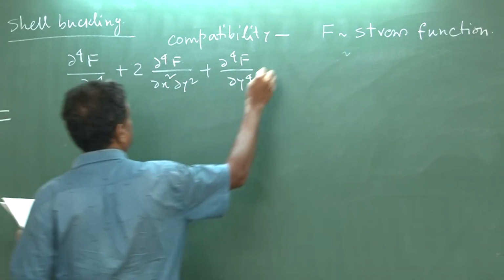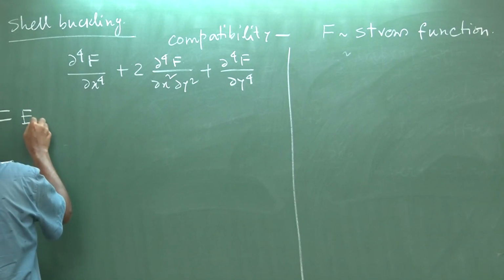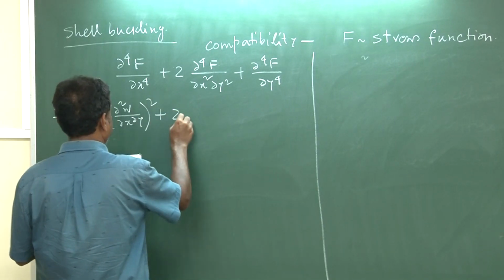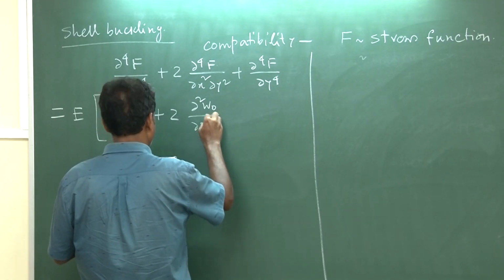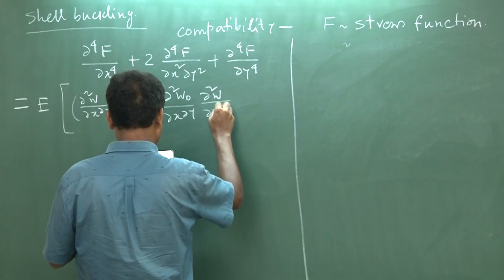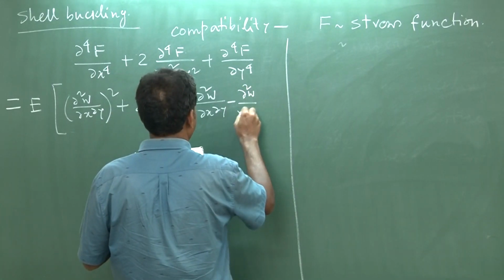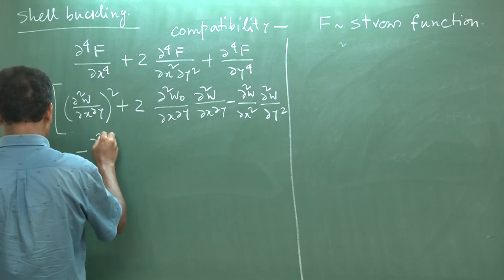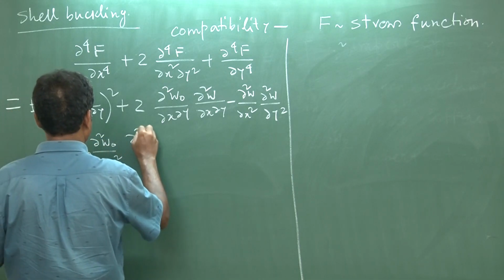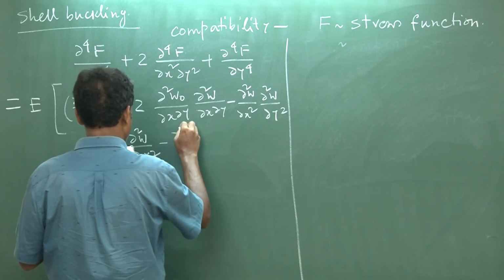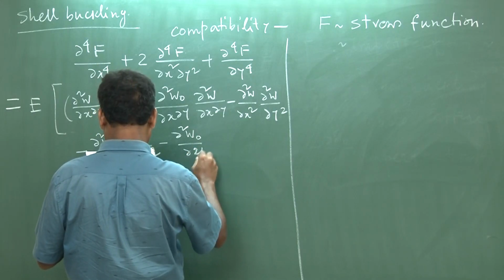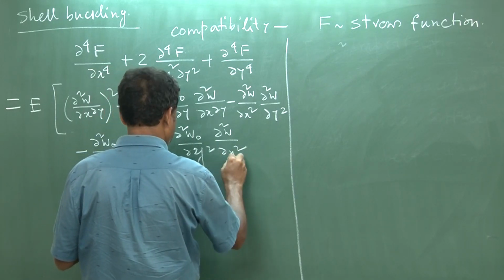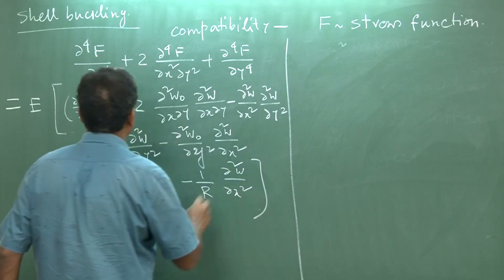This is equal to, I will write, E times del 2w del x del y squared plus 2 del 2w0 del x del y del 2w del x del y minus del 2w del x2 del 2w del y2 minus del 2w0 del x2 del 2w del y2 minus del 2w0 del y2 del 2w del x2. So, this is the governing compatibility equation.